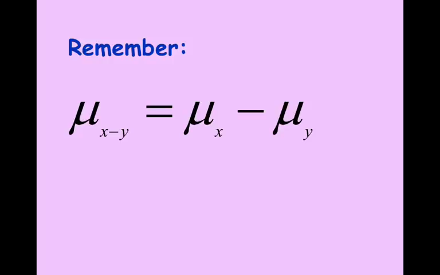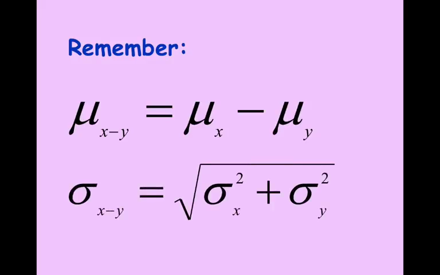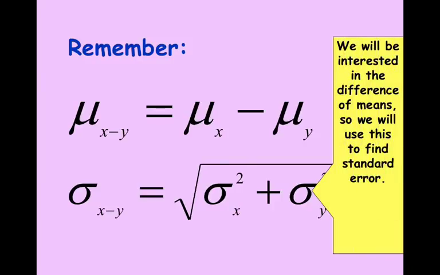So even though we're finding the standard deviation of the difference of x and y, we're always adding: the standard deviation of x minus y is the square root of the sum of the variance of x plus the variance of y. When we're doing the difference of means today, we're going to be using this to find the standard error in our calculations.